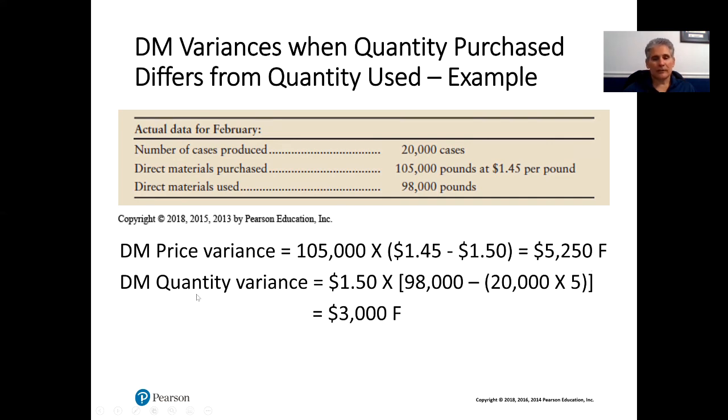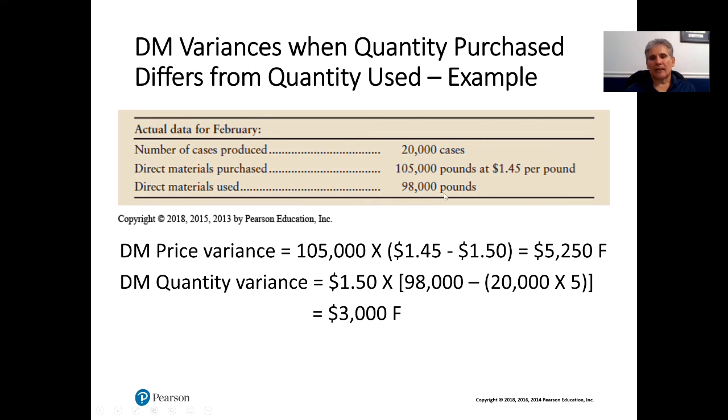Our quantity variance, though, is not based on the amount purchased, but on the amount used. So we used 98,000 pounds. What we should have used based upon 20,000 cases, 20,000 cases multiplied by 5 pounds per case, is 100,000 pounds.